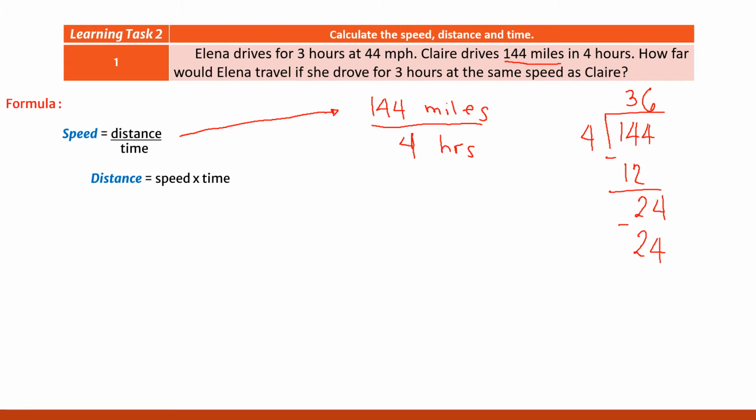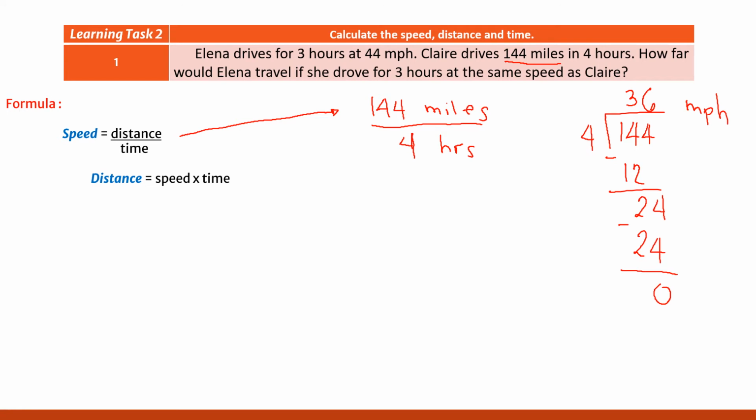Subtract 24 from 24. So ang sagot, 0. Ibig sabihin, ang speed ni Claire ay 36 miles per hour. Okay? Now, going back dun sa tanong, how far would Elena travel if she drove for 3 hours at the same speed as Claire?